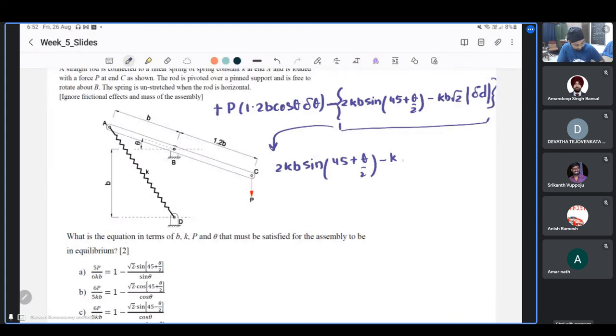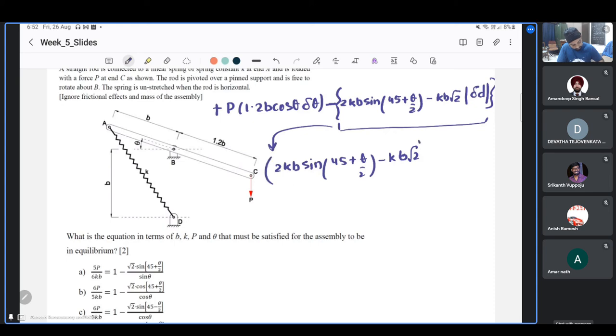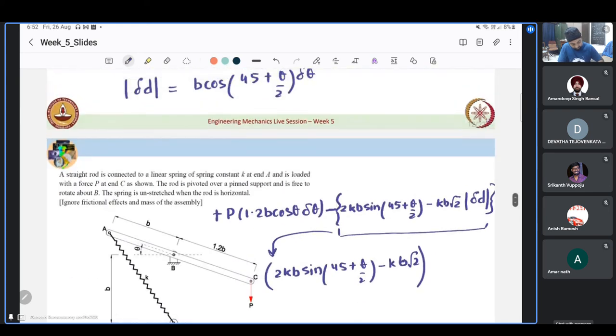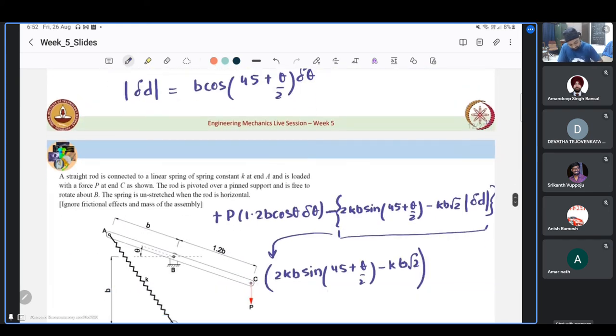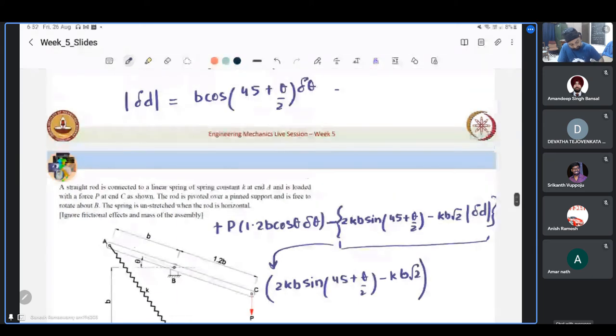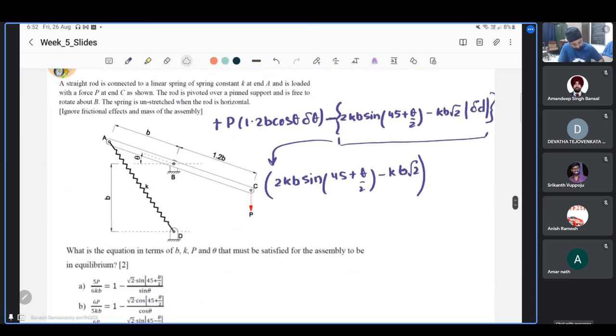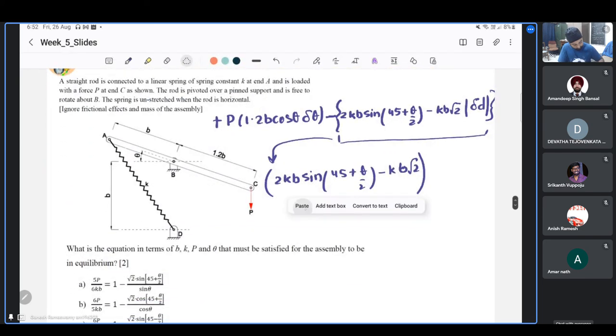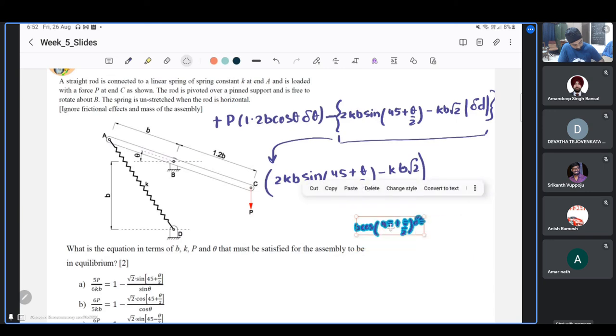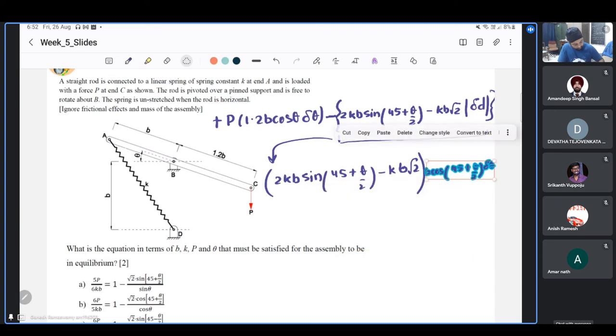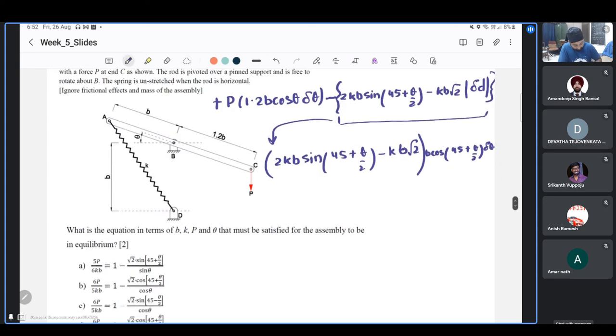We got it as d cos, this is delta d. You just have to multiply this out. So what will this come out to be?